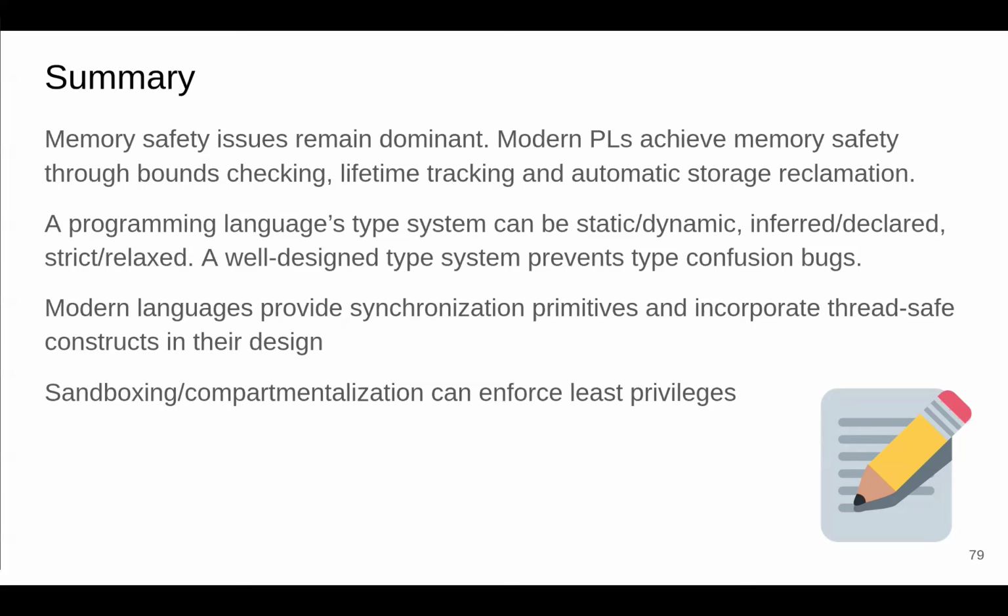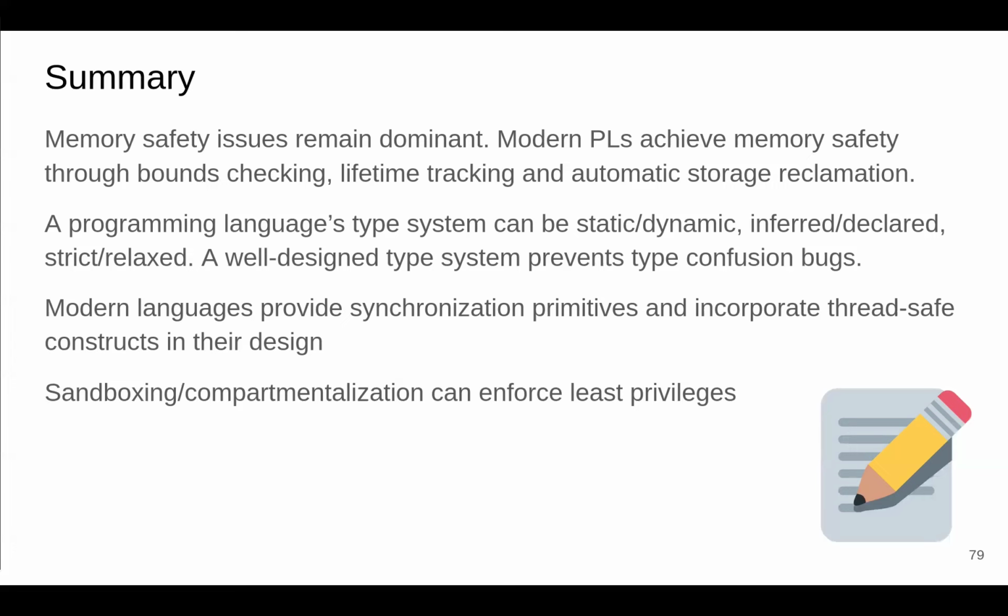Programming language type systems can be static, dynamic, inferred, declared, strict, or relaxed. It is key that type systems should be strict for security. If they are too relaxed, they can be circumvented, such as in C, as we've seen with the example. A developer can get around the safety constraints of the type system.